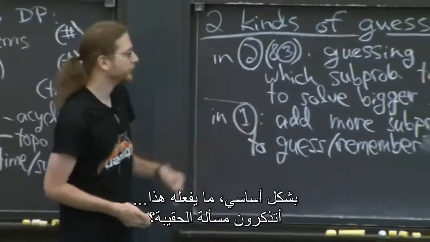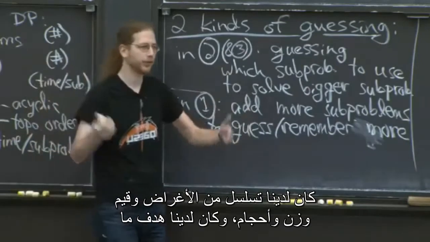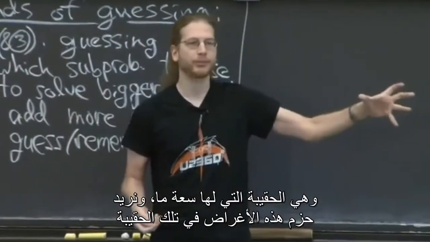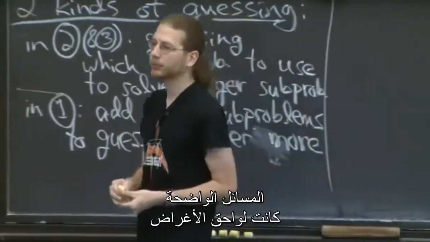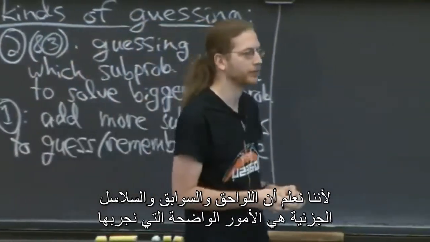Essentially, remember with knapsack, we had a sequence of items, they had values and sizes, and we had some target knapsack, some capacity we wanted to pack those items into that knapsack. And the obvious subproblems were suffixes of the items, because suffixes, prefixes, substrings, those are the obvious things to try.